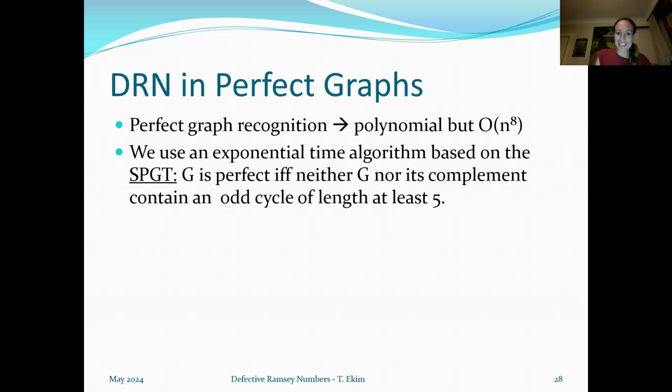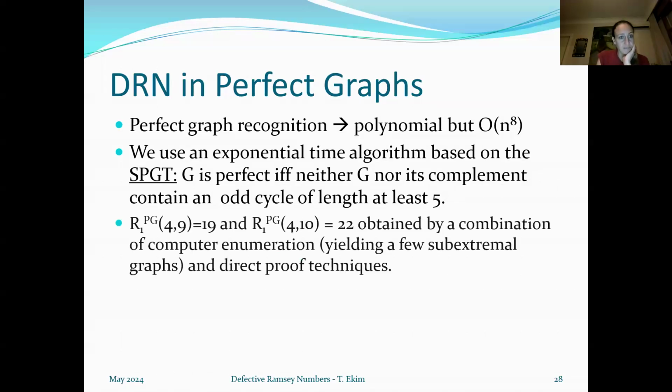Instead, we used an exponential time algorithm, which uses a brute force based on the strong perfect graph theorem, which says that a graph is perfect if and only if it contains no odd holes. So we basically check this using an explicit enumeration, and it works better when n, the number of vertices, is not too high.